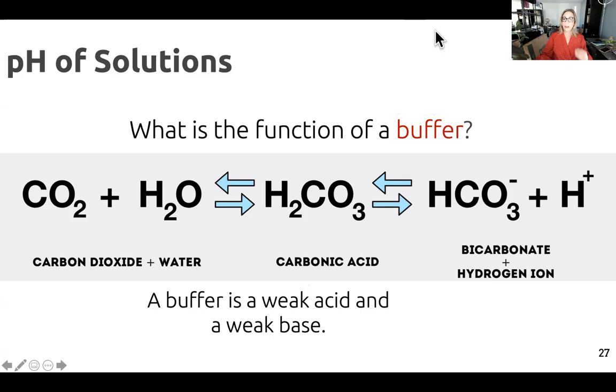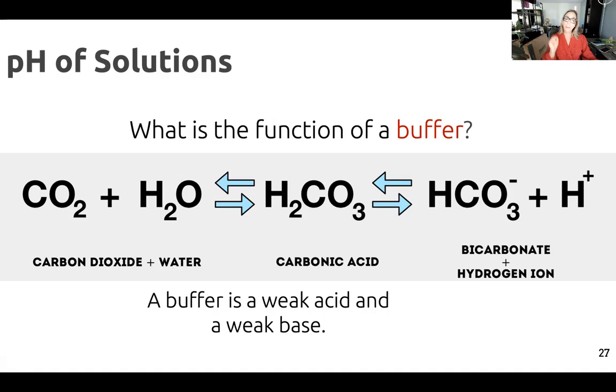You do not have to know carbonic acid, what the molecule is, or bicarbonate. You should know what CO2 and H2O are. So basically, let's use the example of blood. Your blood is slightly basic. Okay, I believe it's about 7.4 to 7.6. If the pH of your blood goes too high, above 7.6, or too low, below 7.4, you will die.